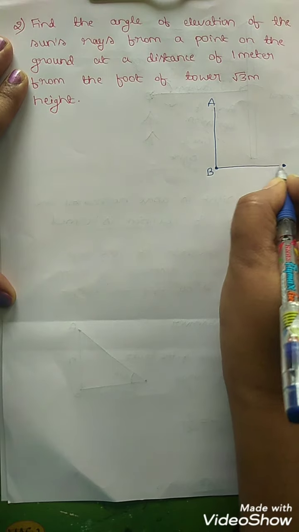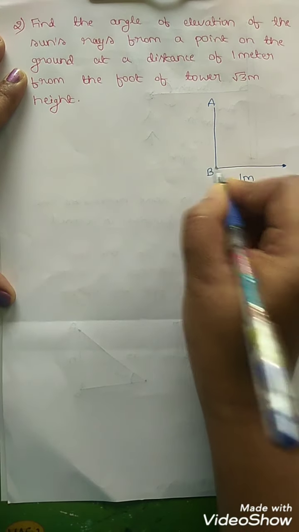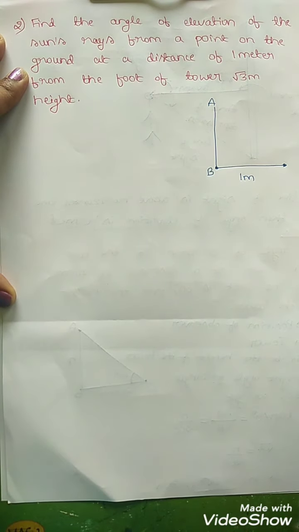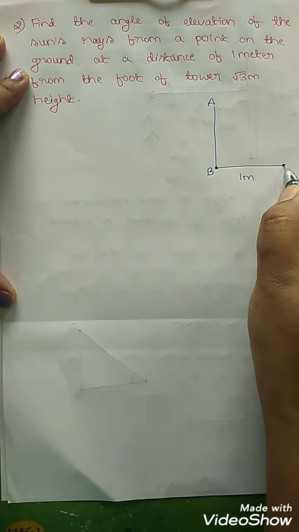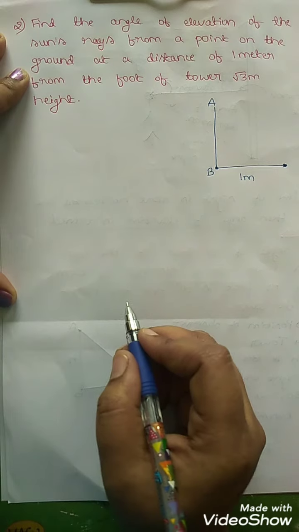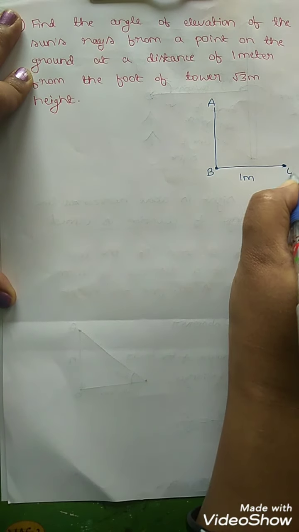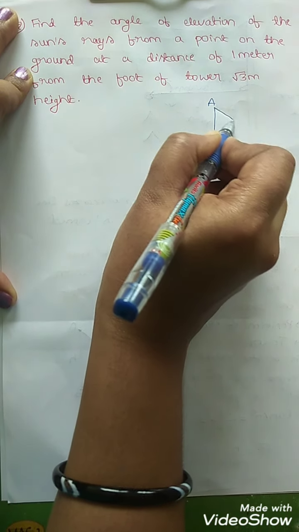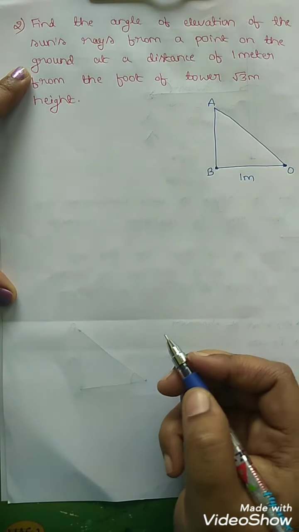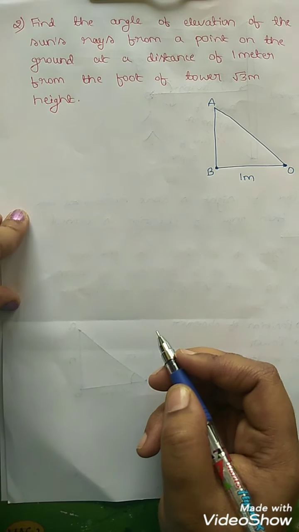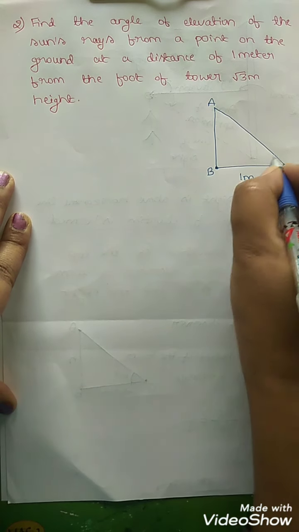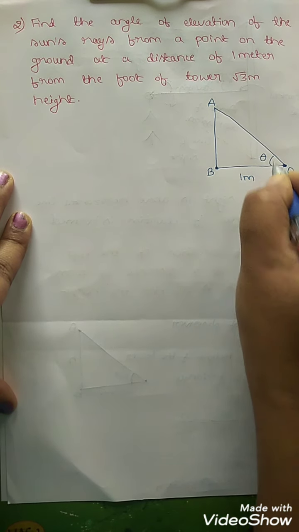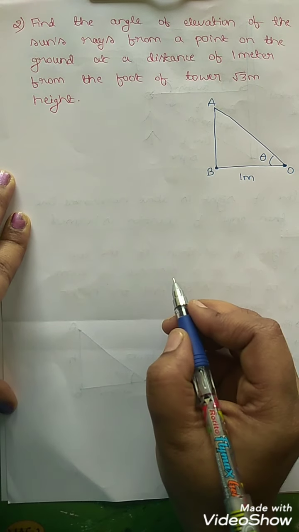This point is 1 meter away from the foot of the tower, which means the distance from the foot of the tower to the point on the ground is 1 meter. Consider this as O. Here we have to find out the angle of elevation. So here this is angle theta. This is the angle of elevation.